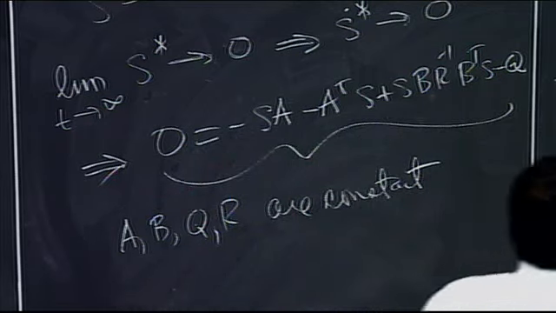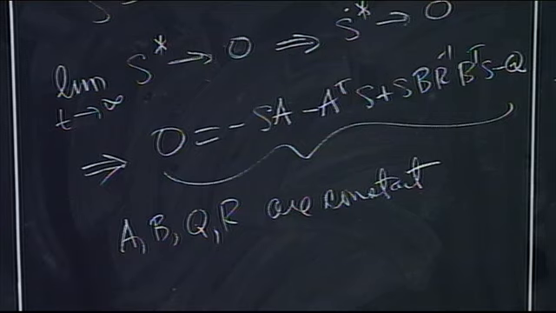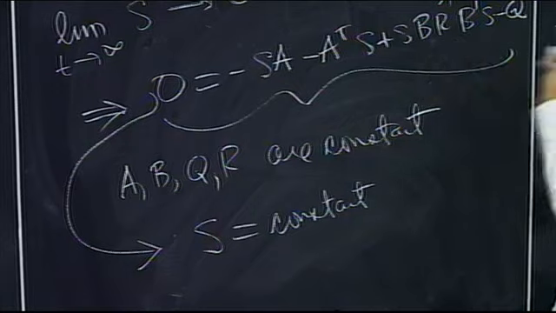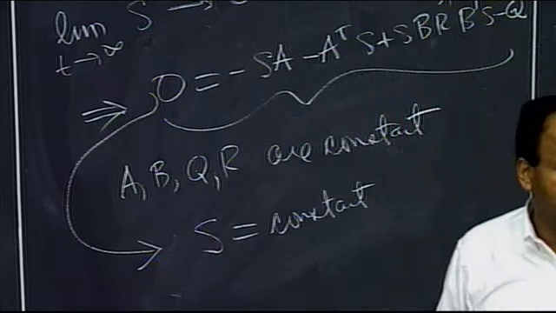It no longer has to be integrated because the derivative has been taken out of it because of all the conditions that have to be met on the problem, right? So what we get here is this problem, when this thing is equal to 0. You see, this is a purely algebraic system that has to be solved, right? If I give you A, B, Q, and R, you can solve for the value of S. S then has to equal a constant, because the only way it can be true for all time if A, B, Q, and R are all constant is if S itself is a constant.